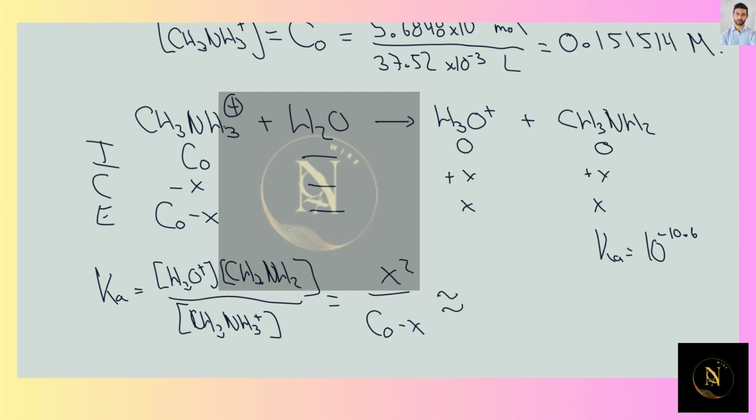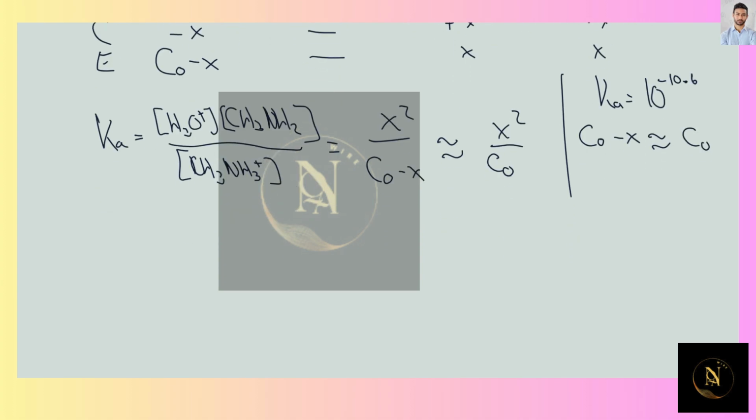Under the small x approximation, this is equal to x squared divided by C0, because since the value of Ka is small, we can assume that C0 minus x is approximately equal to C0. With this, x is equal to the square root of Ka times my initial concentration. Plugging in the value directly, this is 1.95086 times 10 to the minus 6.